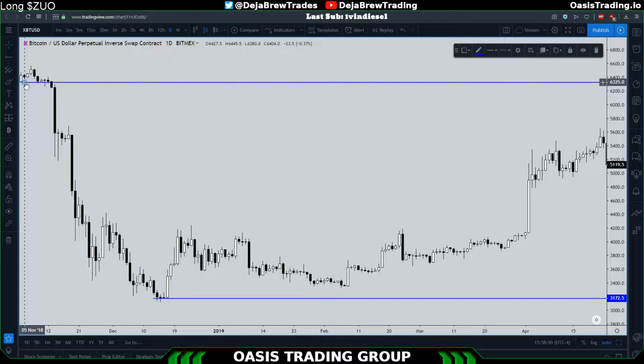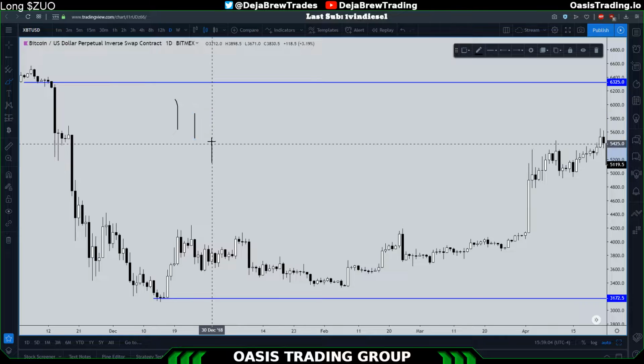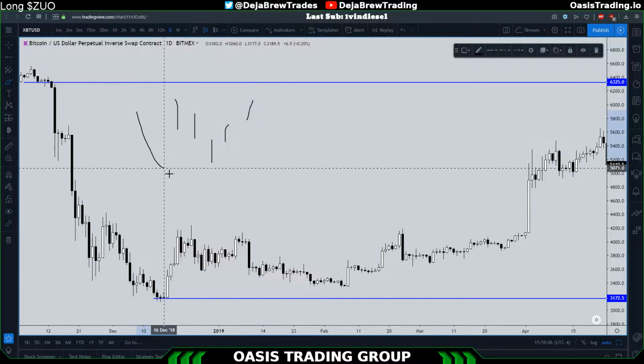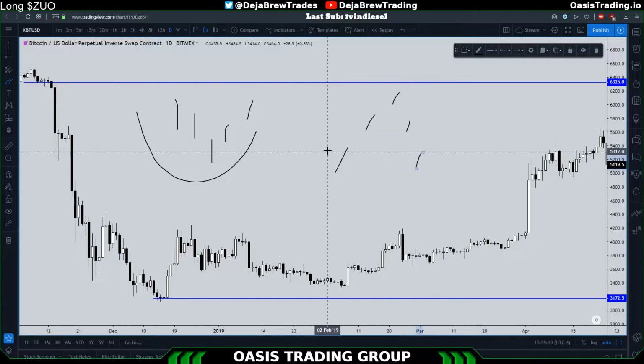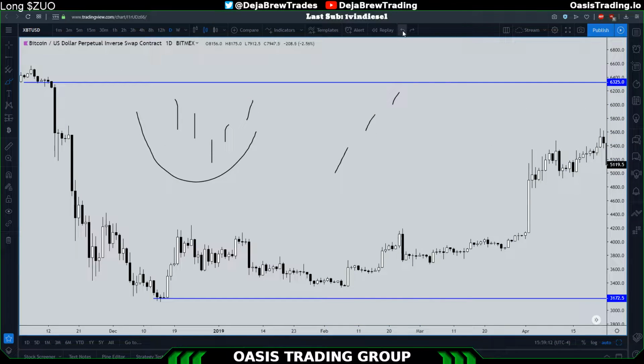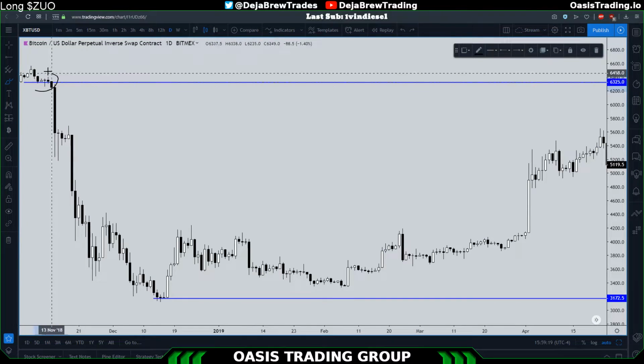You have a low here where it tries to find support. Now you can identify lows as one candle bounces or multiple candle bounces. Typically I look for fractals, so I look for when you have multiple candles forming that bottom or that top. Like right here, we have 3 candles that give you that support.